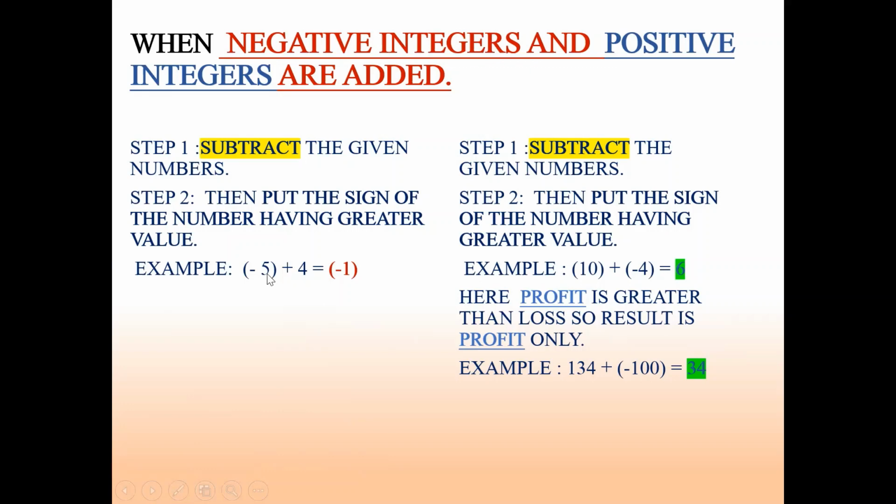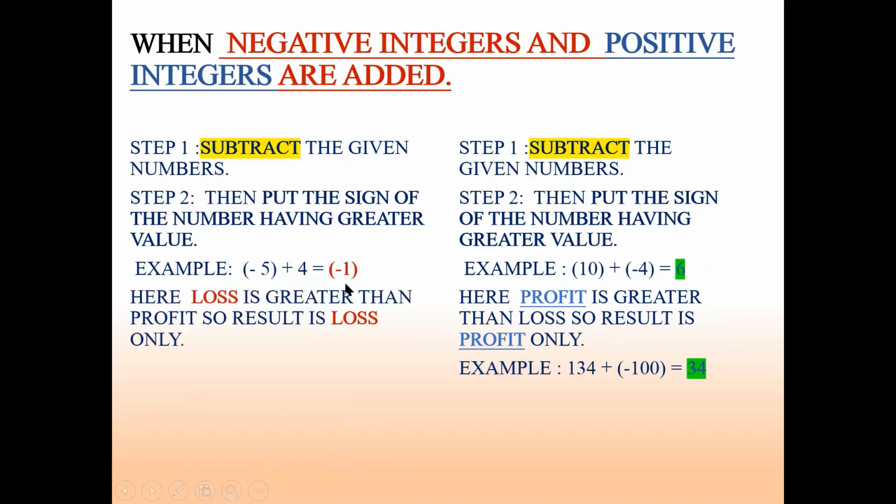But 5 is with the sign minus. You know what that means? It means that 5 is a loss and 4 is a profit. Now, if you have lost 5 rupees and gained 4 rupees, still you have lost 1 rupee, isn't it? So just subtract and put the sign of the number which is greater. Because you have faced more loss than profit, your result is also a loss.